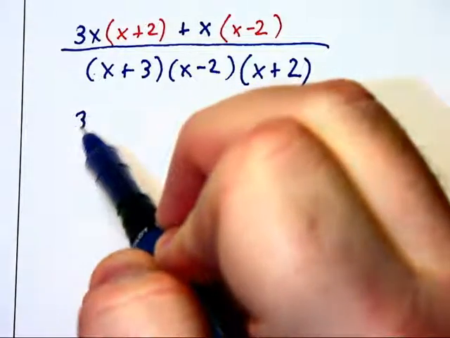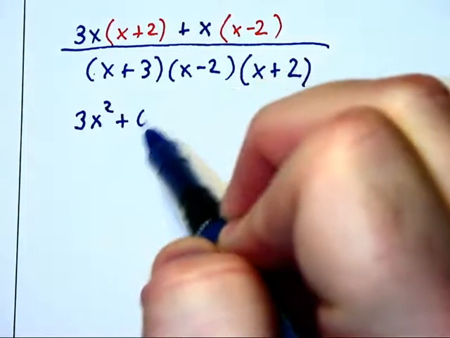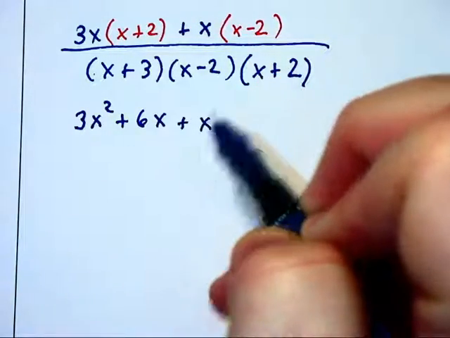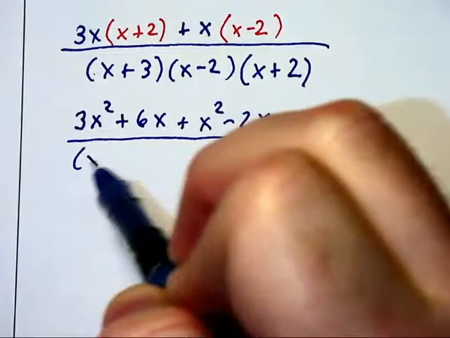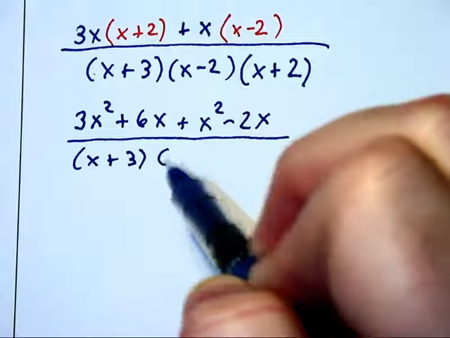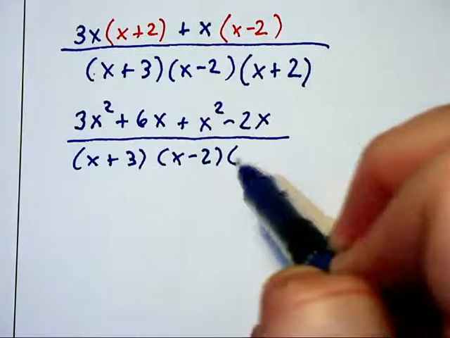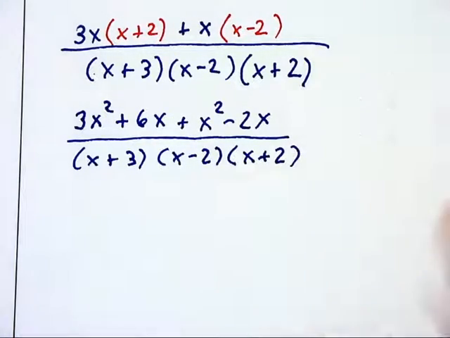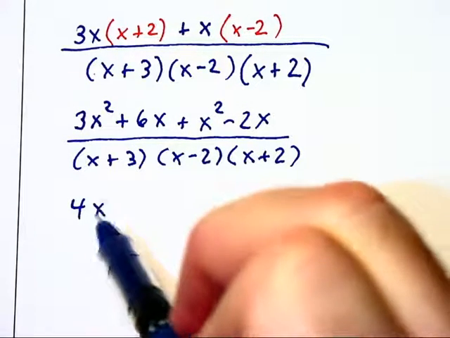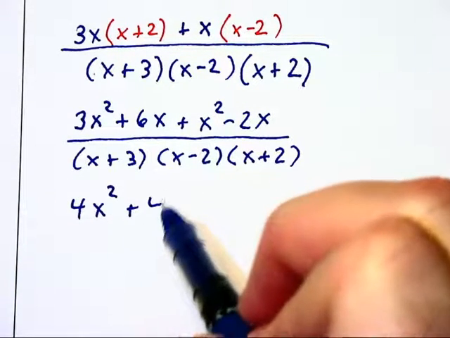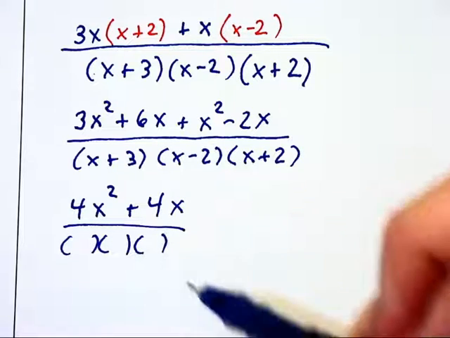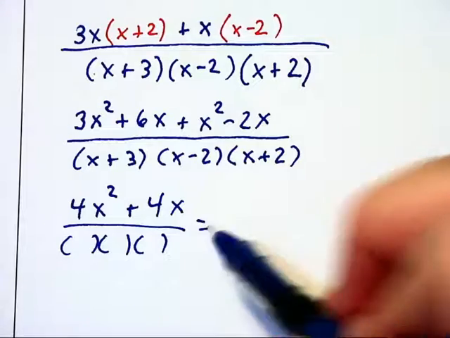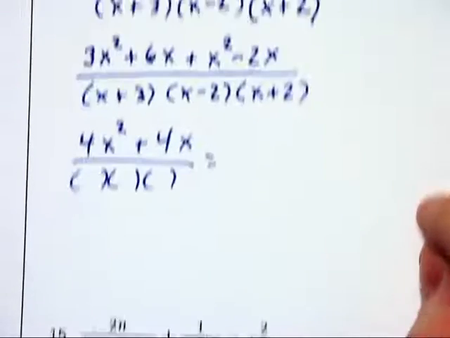Our next step will be that of distribution. We will have 3x squared plus 6x plus x squared minus 2x over these three parentheses. And after that, we will then begin the combining like terms phase. And that will give us 4x squared plus 4x over these three denominators, and I'm getting a little bit lazy there, and I can see that I can factor out a 4x.